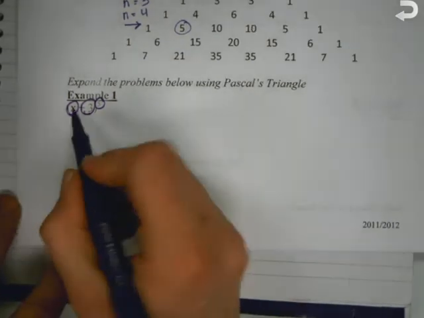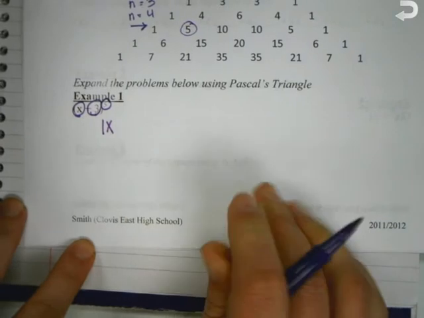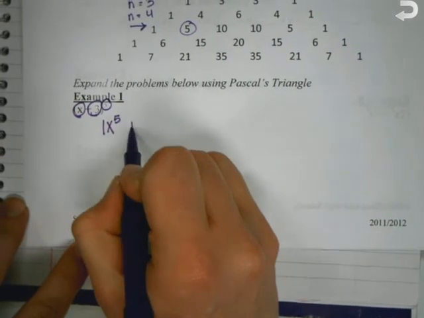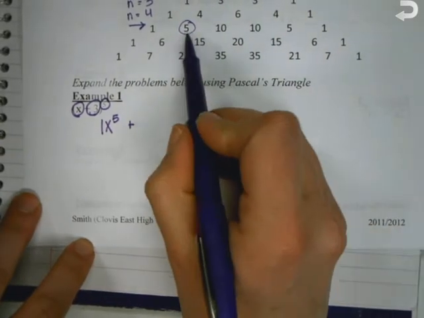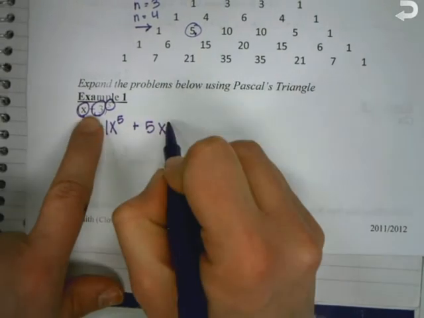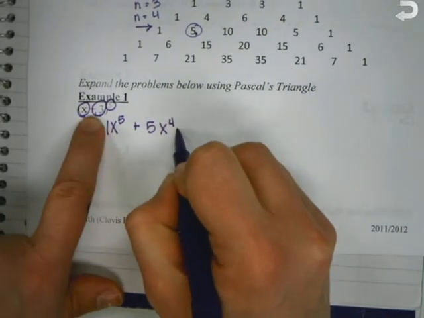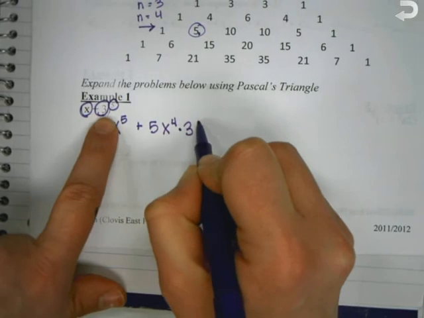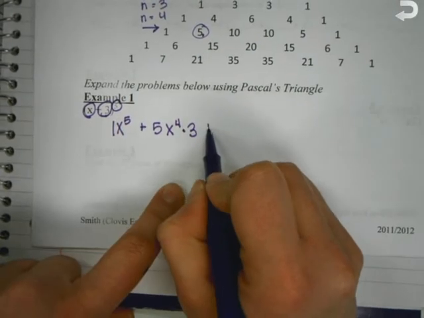What's b? 3. Times 3 to the 1st power, right? Plus the coefficient's going to be 10. It's not always going to be exponents in the problem. Sometimes there's going to be numbers in there.